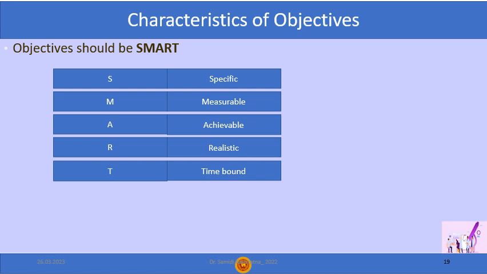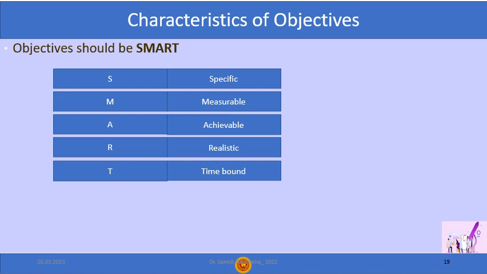And then the time-bound nature. Objectives should have a specific time frame or deadline for completion. Particularly if you are a postgraduate student or an undergraduate student, or you are working under certain sponsors, you have to be responsible towards those people.